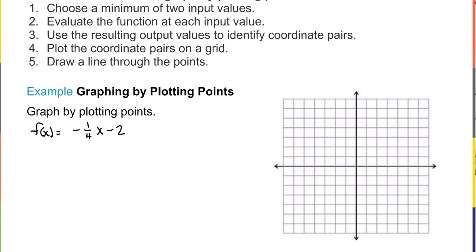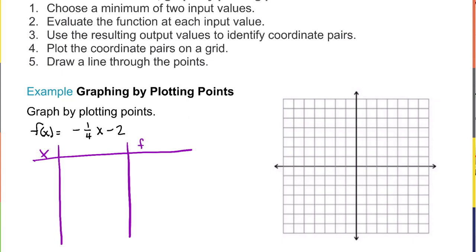Once you choose a minimum of 2 input values, next you're going to evaluate the function at each of those values, and then you'll get the resulting outputs, and then you will plot those coordinate pairs on the grid. So what I do is I just make a table of values, and I'm making this a little bit bigger because this is where I want to do the arithmetic in the center.